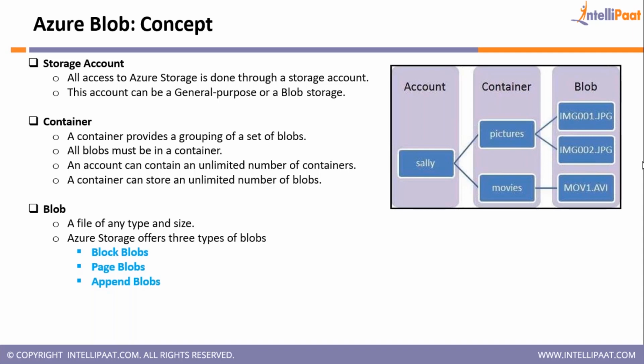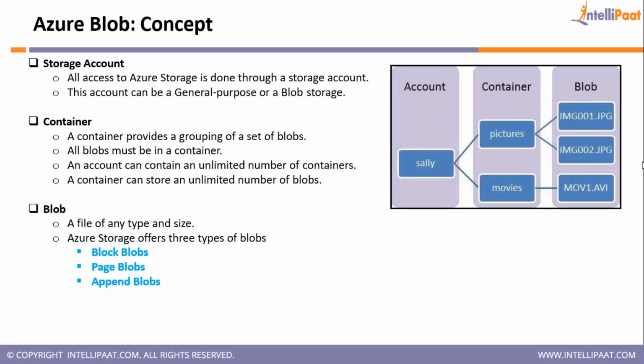Now inside the Azure storage account, you will find all these 4 components: blob, files, queues, and tables, which we will discuss more. Right now we are discussing blob. Inside blob, you will have another component, a container, which you need to create. A container provides a grouping of a set of blobs.